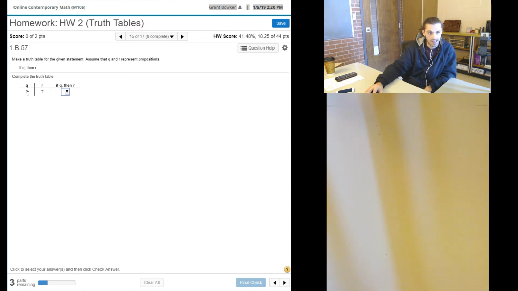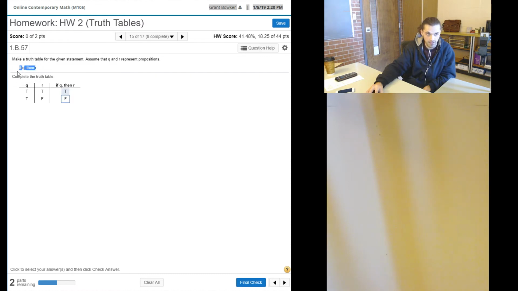So if your hypothesis is true and your conclusion is true, the implication is true. If your hypothesis is true and your conclusion is false, you get a false implication or a false conditional.